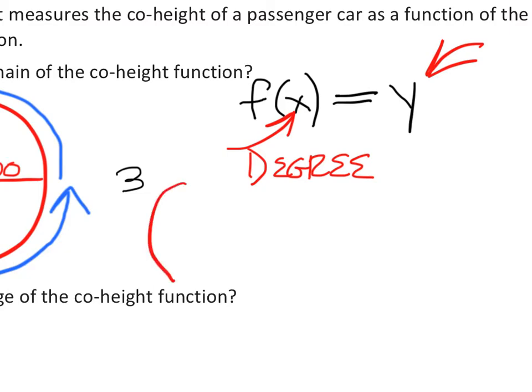The domain has a least value and a highest value, even if it's negative infinity up to positive infinity. But in terms of degrees, we are starting at what degree on the Ferris wheel? 0, and with one turn of it we go up to our highest degree value of what?